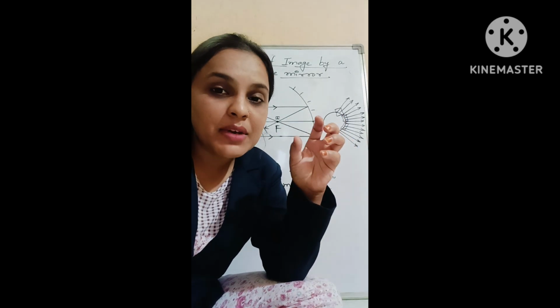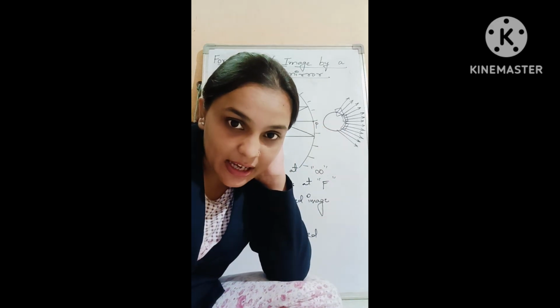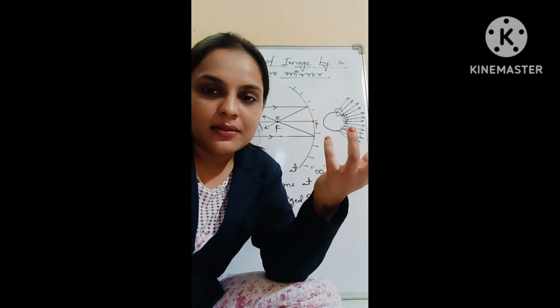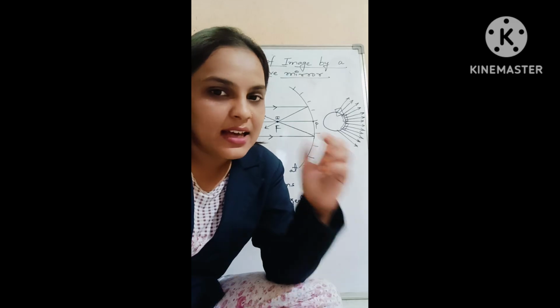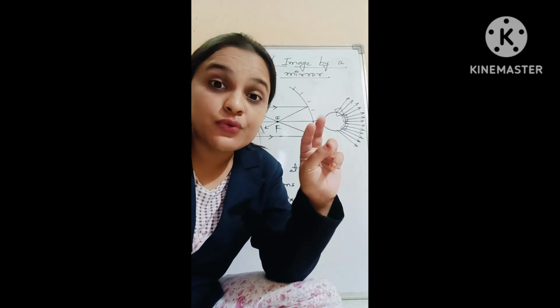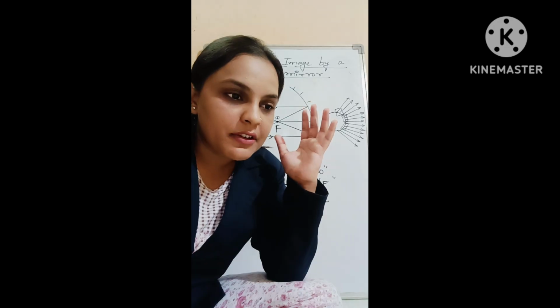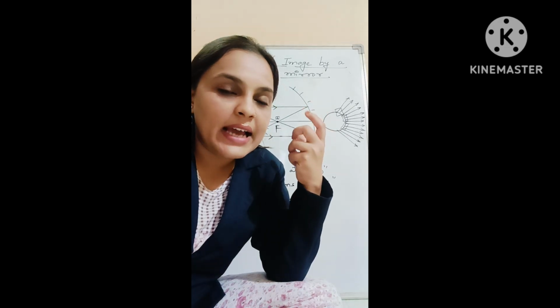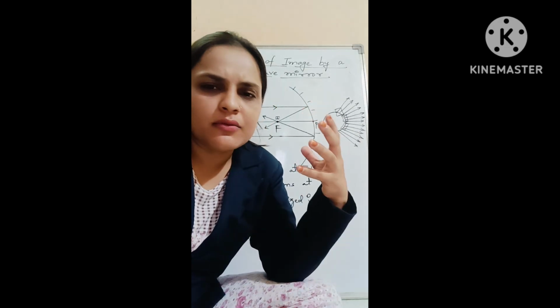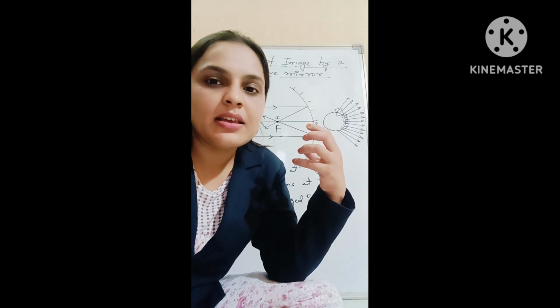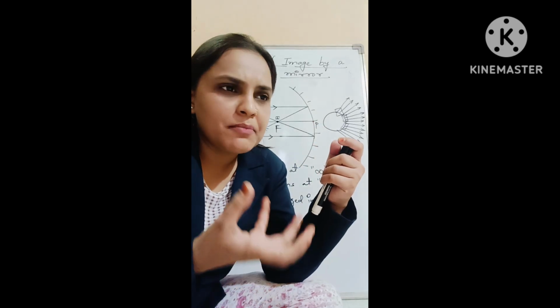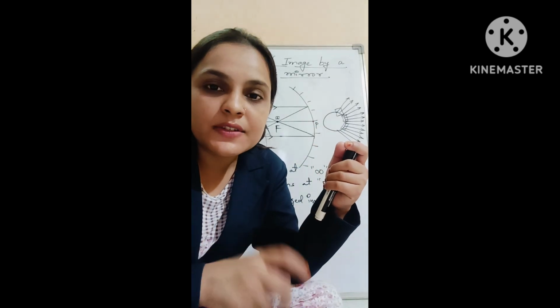Then the image forms on the retina. The retina acts like a screen in our eye, so that image will be inverted, as we have learnt. Whatever the retina gets as the image, that message is passed by the nerves to the brain.